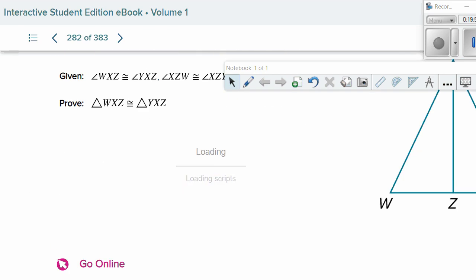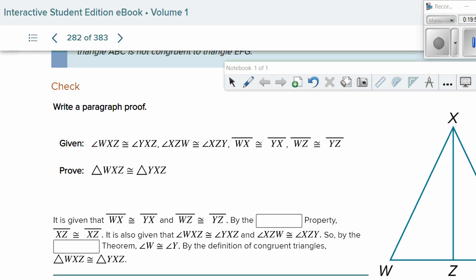In this particular one, they want you to write a paragraph proof. They gave me a whole bunch of stuff, and I just have to fill in 2 boxes, so we'll do this really quick. When you have a picture like this and they give you all this given stuff, write it down, show it on your picture so you know what you have. Angle WXZ, which is this angle, is equal to angle YXZ, which is this angle. Then angle XZW down here.